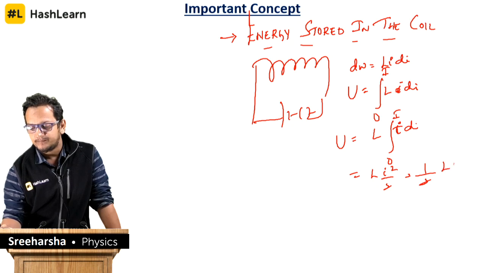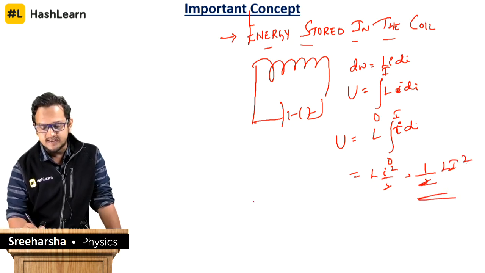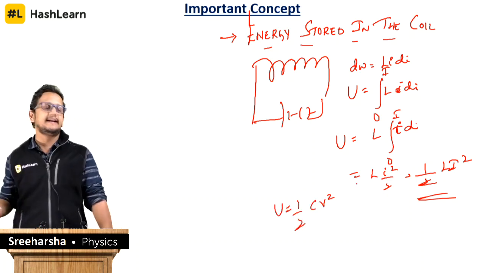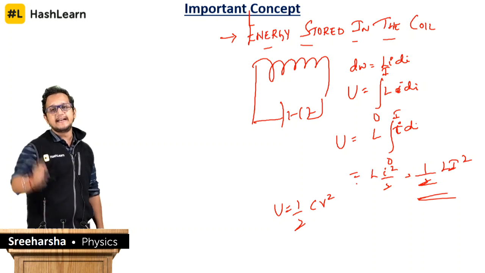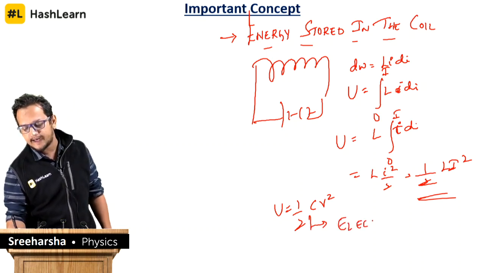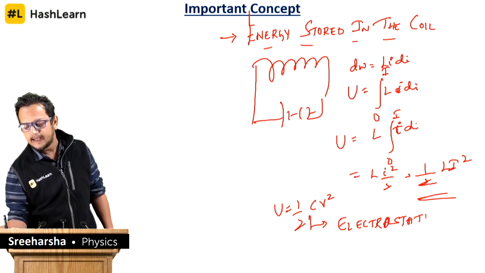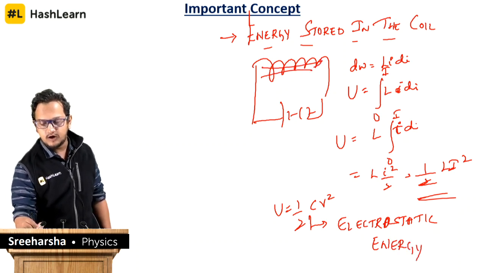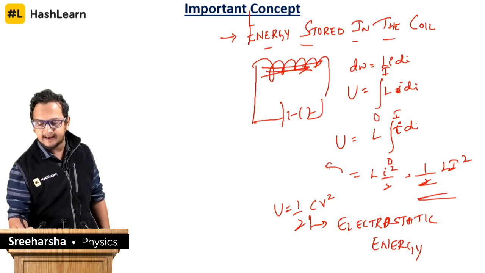So the energy stored is half L I square, which is very similar to U equals half C V square, which we studied in the capacitor. The only difference is that in a capacitor the form is electrostatic energy, whereas here it is in the form of magnetic energy.